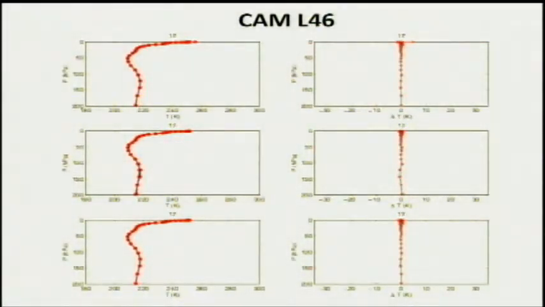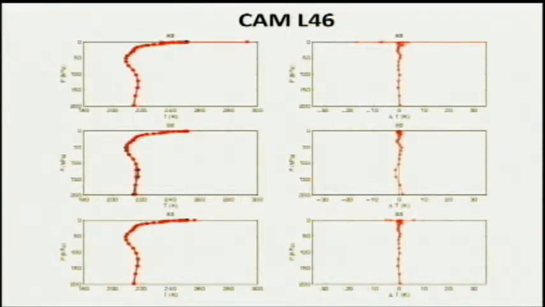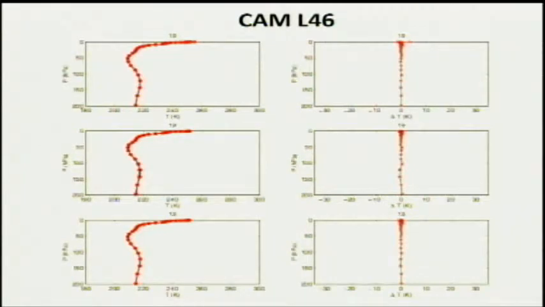And even more recently, Yaga has a 46-layer model, by raising the model top to 1 hectopascal, also has a much better representation of the stratosphere, and see what happens.